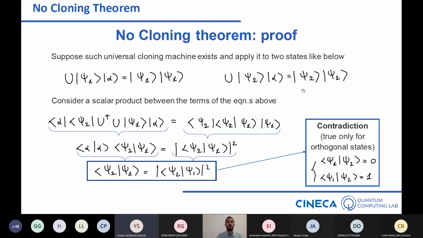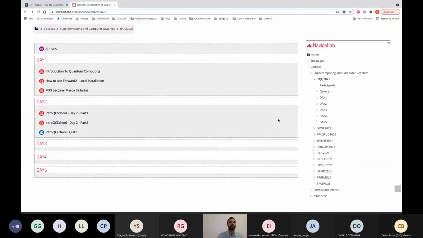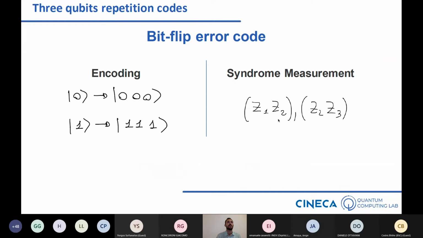So I can go on probably. Then let me go here. So you can correct these two errors, let's say. One way is using this 3-qubit repetition code, which encodes the qubit state 0 into 0, 0, 0, and the qubit 1 into 1, 1, 1.